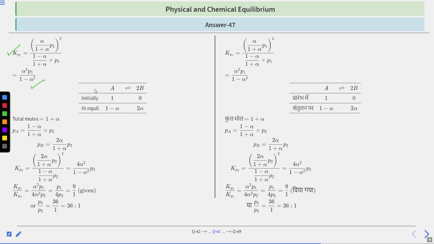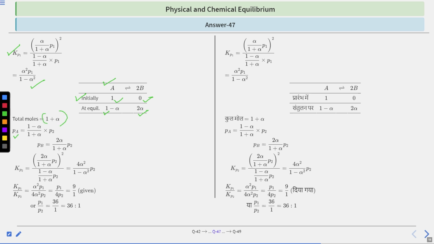Now for the second equation, A giving us 2B. Initially, A is 1 and B is 0. At equilibrium, A is 1 minus alpha and B is 2 alpha. Total moles become 1 minus alpha plus 2 alpha, that is 1 plus alpha.